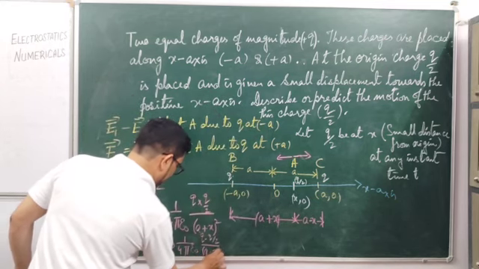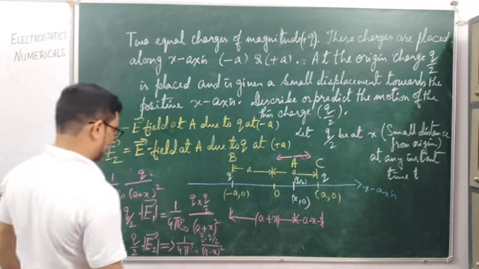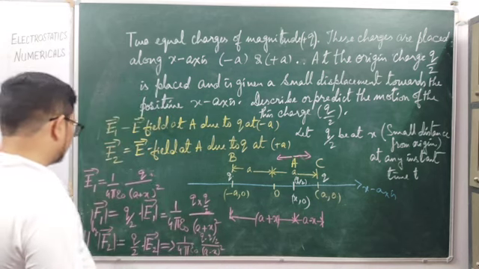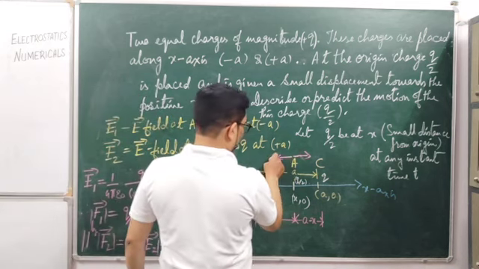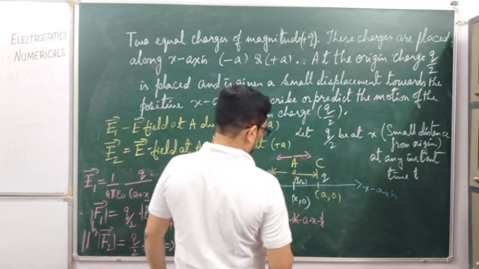So it comes out to be A minus X whole squared. So this is what we get, E1 and E2, correspondingly F1 and F2.